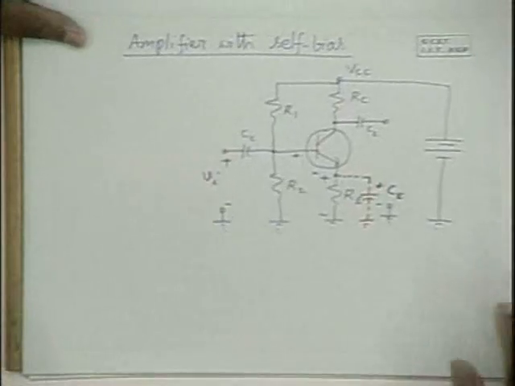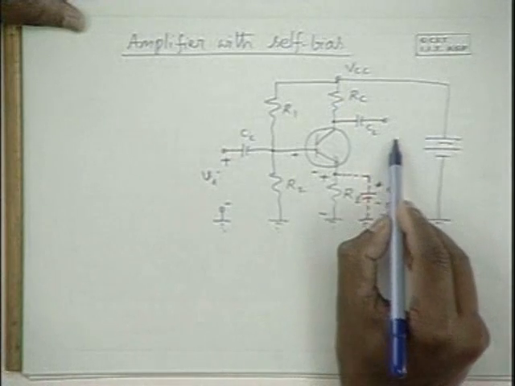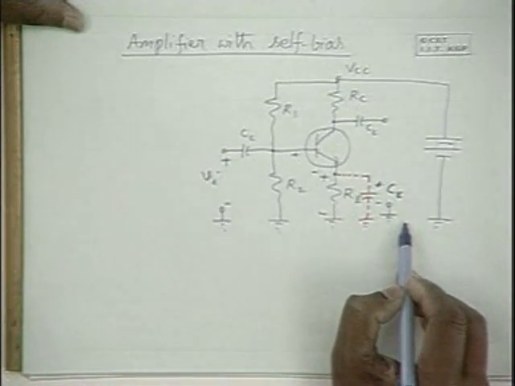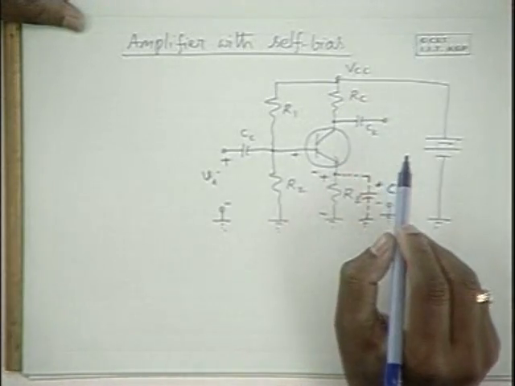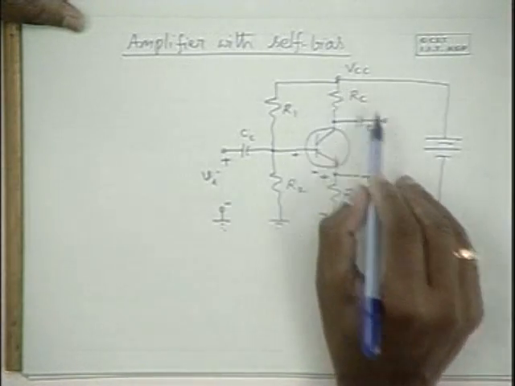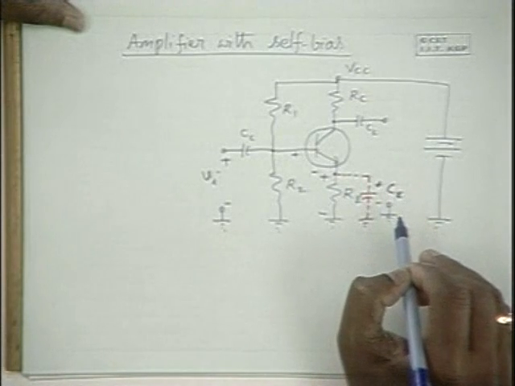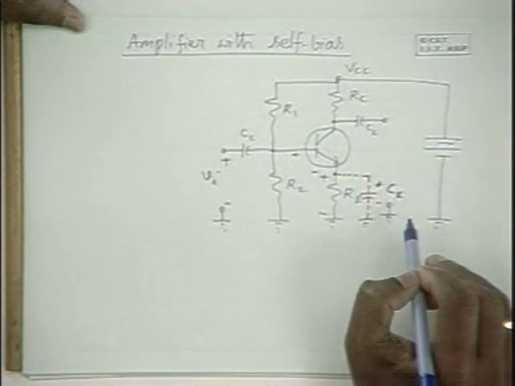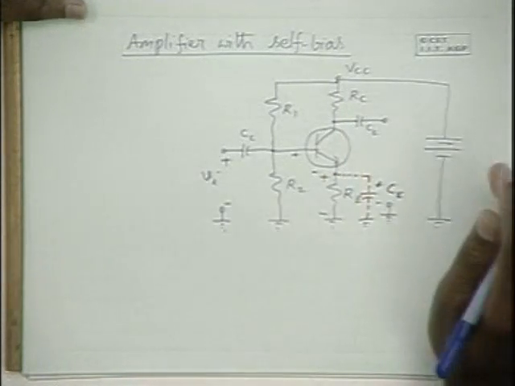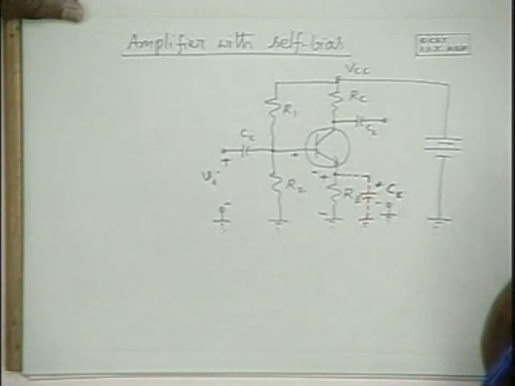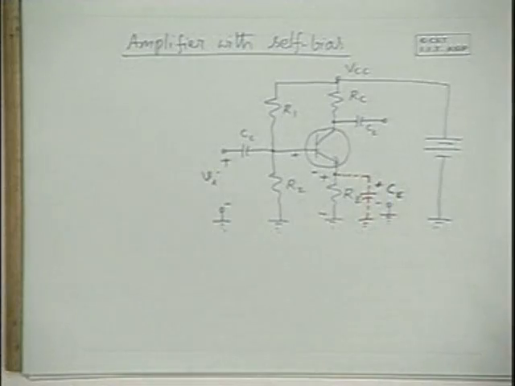in a common emitter circuit like this, if you apply 16 ohms load here and with RC equal to say 5 kilo ohms, in the equivalent circuit, where is this load coming into picture? Load is coming in parallel with RC. How much gain do you get? RC in parallel with RL is very small and the gain is going to be even less than 1. So it doesn't work.